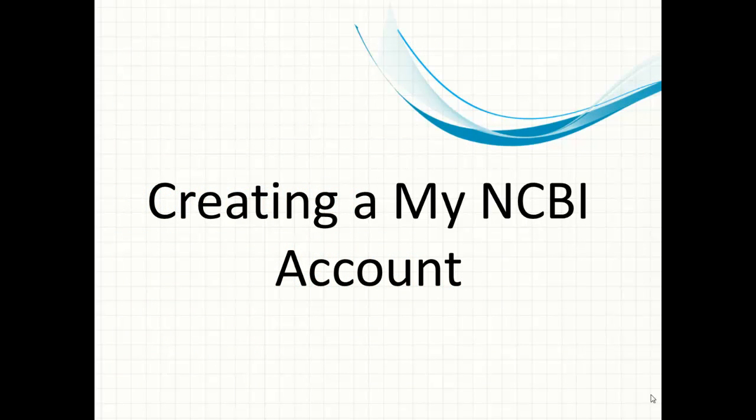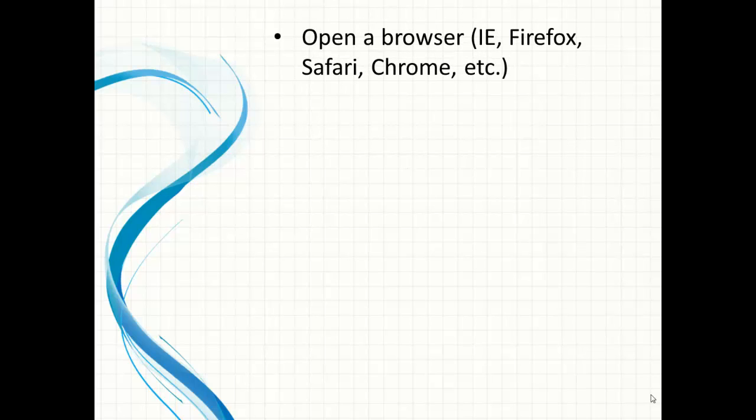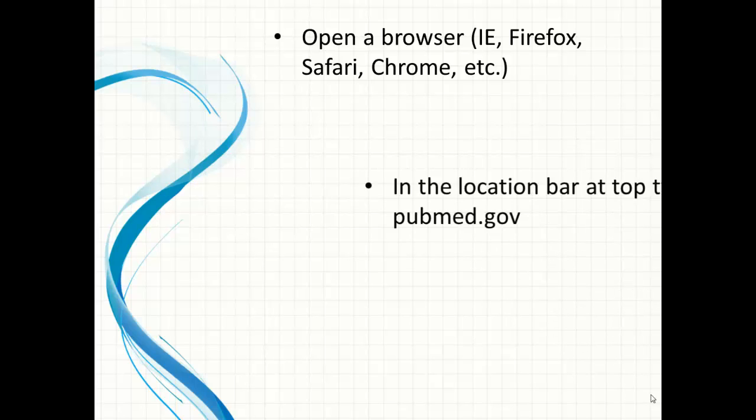Creating a MyNCBI account. If you do not already have a MyNCBI account, you can register for one for free and link it to your ERA Commons account. To do this, start the browser you normally use and go to the PubMed homepage by typing pubmed.gov in the location bar at the top.